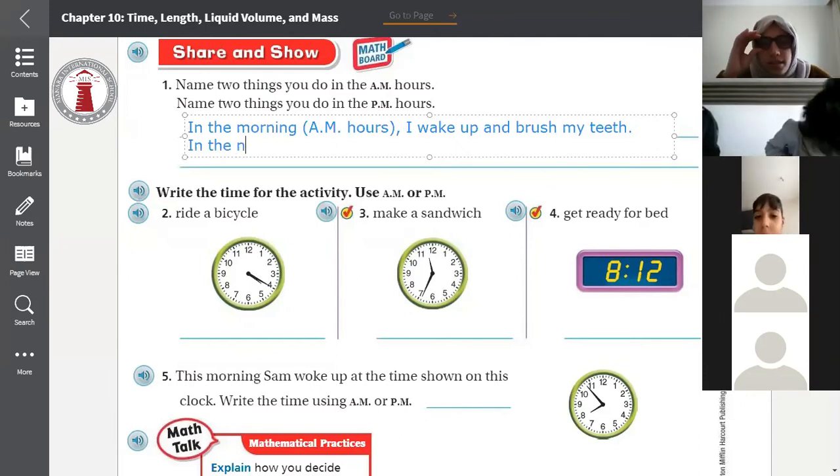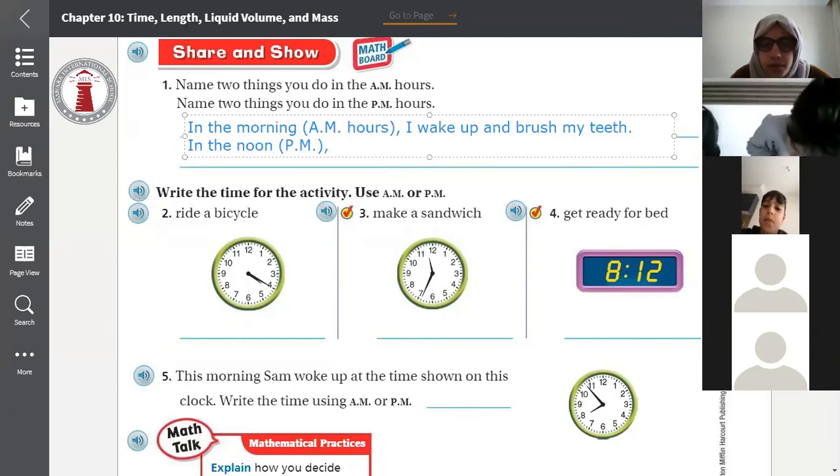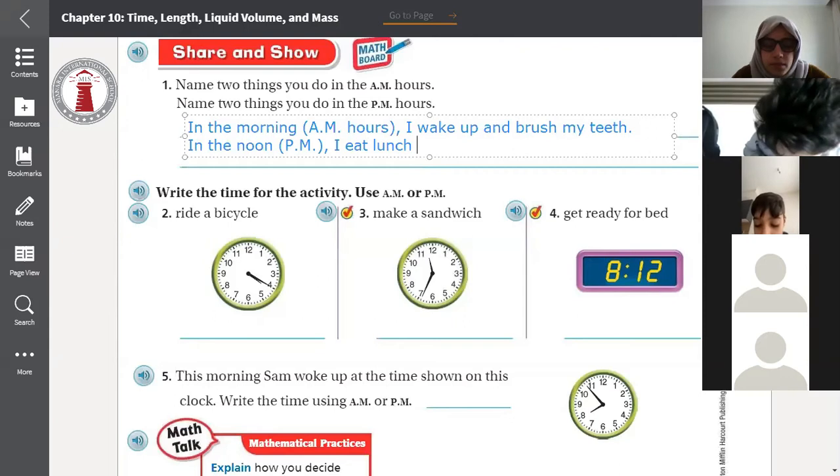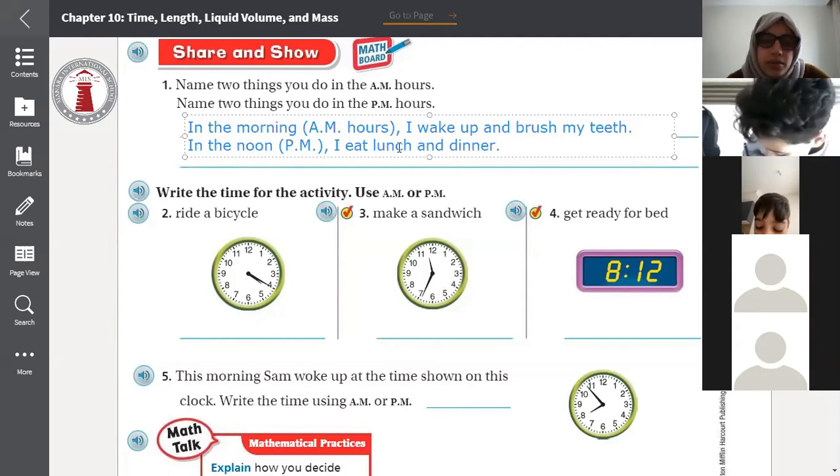And when do you eat lunch? In AM hours or PM hours? PM. PM. So I eat lunch and dinner, like you said. So lunch and dinner are in PM hours. Good job, Azza. Thank you.